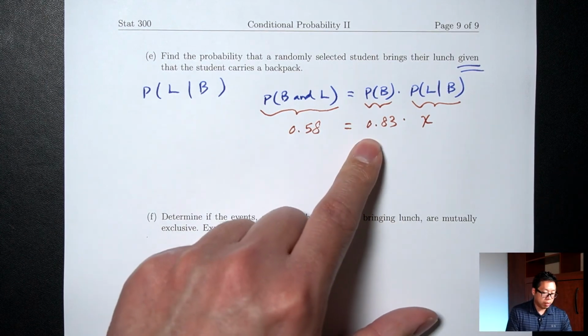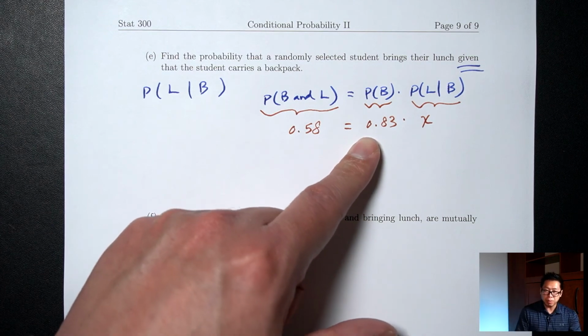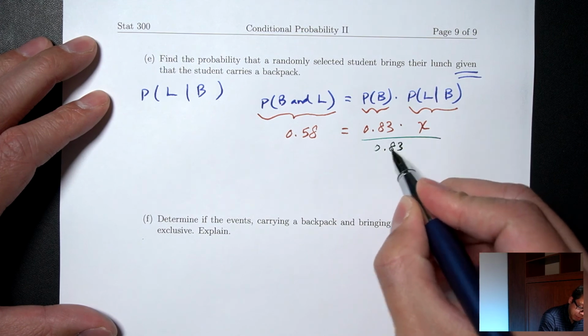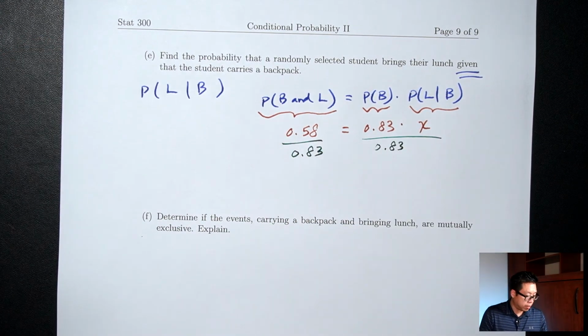Right now it's being multiplied by 0.83, and to undo a multiplication, you do the opposite, which is divide by 0.83. 0.58 divided by 0.83 is 0.699.